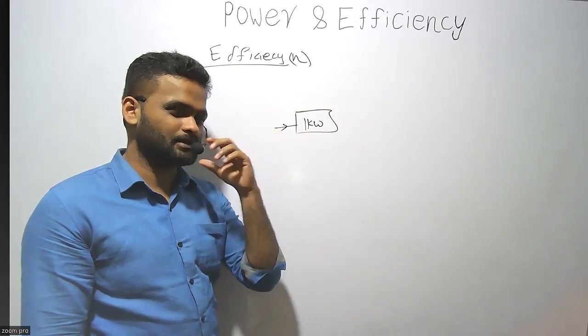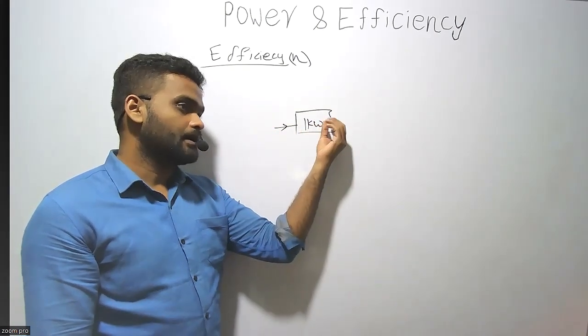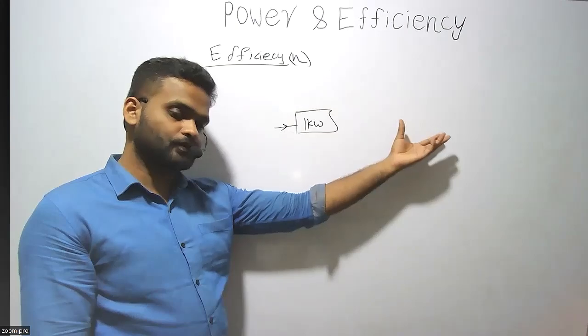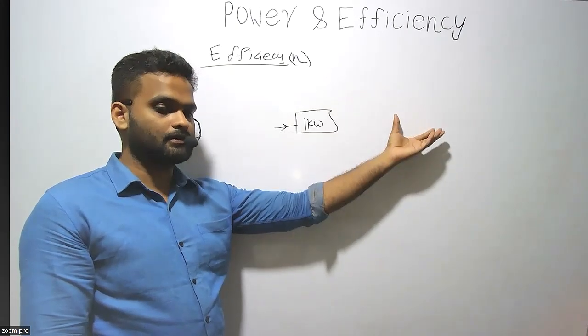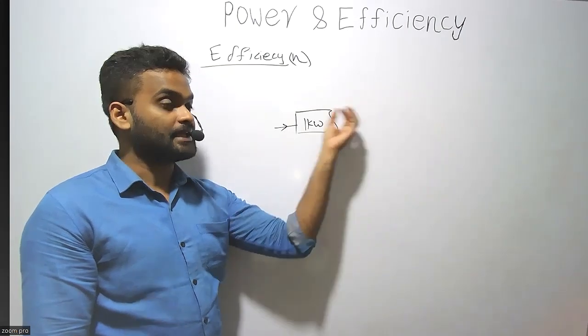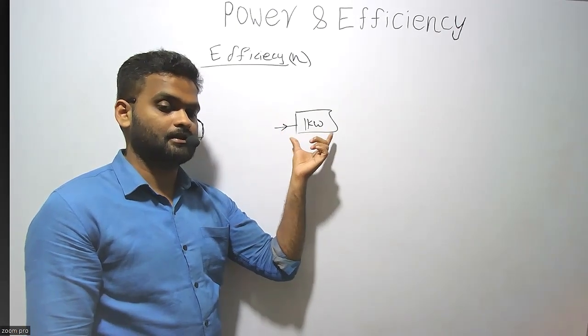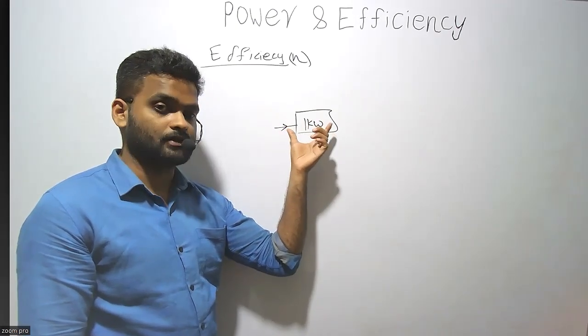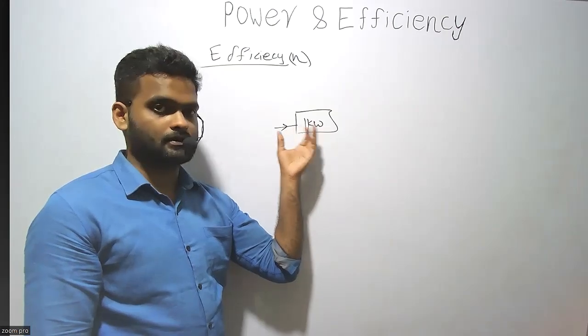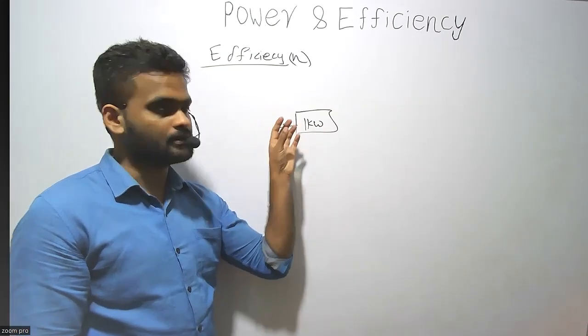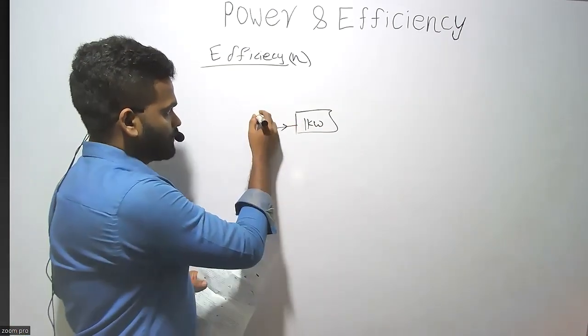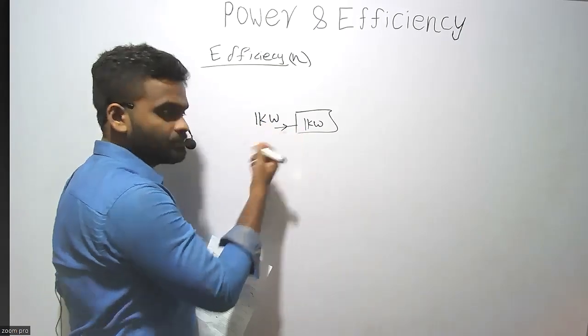That watt amount is not the useful work, it is actually the power required by the machine, right? Power required by the motor is 1 kilowatt. So you have to provide 1 kilowatt as electric power to this one. So 1 kilowatt is the supplied.